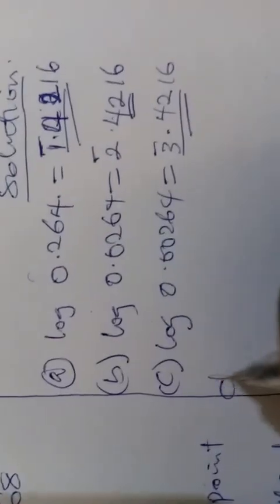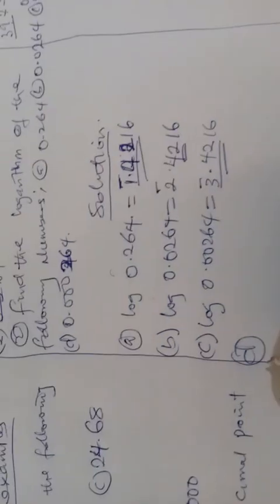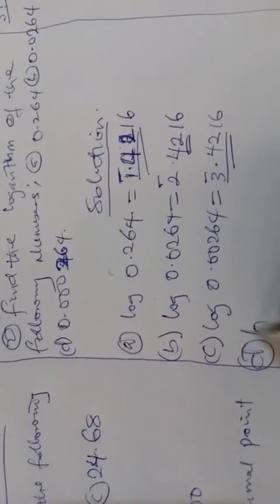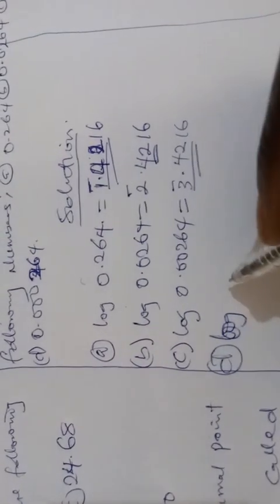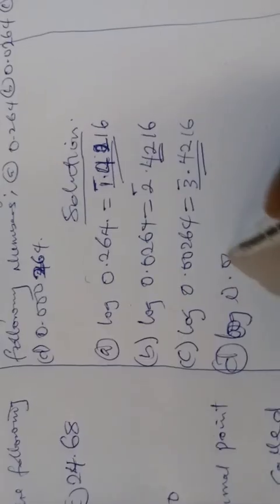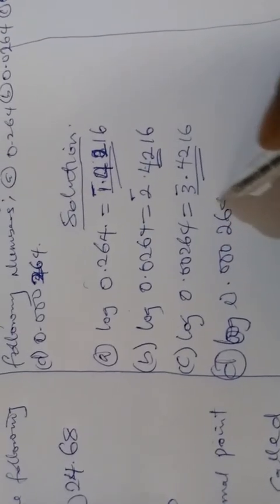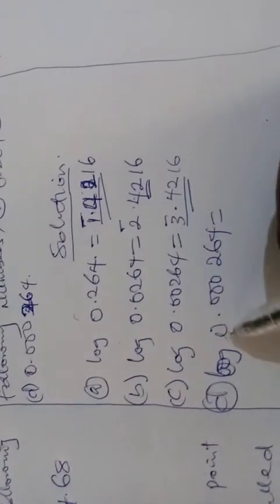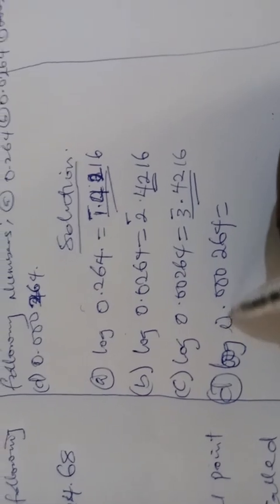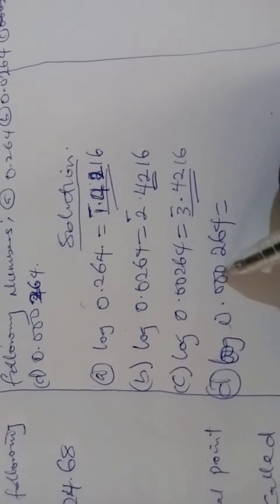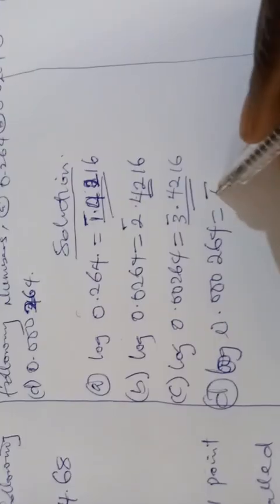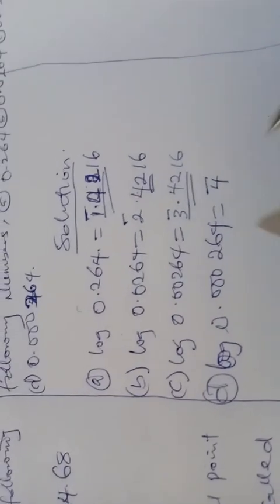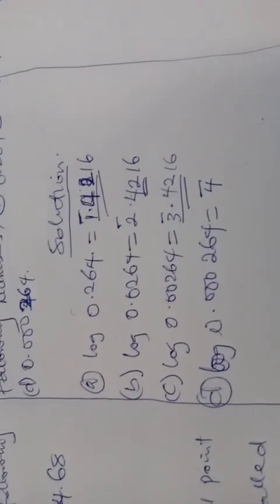Then the last one there is D, the logarithm of 0.000264. Of course, you see now how many zeros? 0 point, then 1, 2, 3, 4. That's going to be bar 4. We call it bar 4, but it's expressed as minus 4.